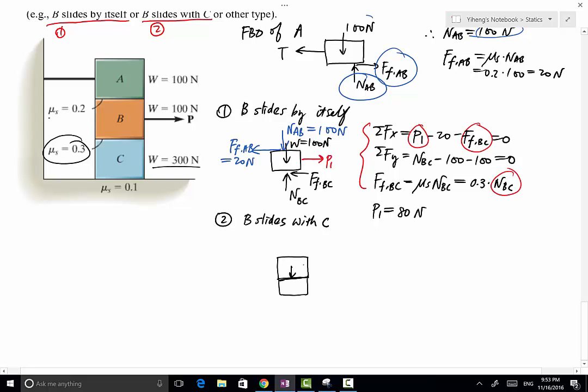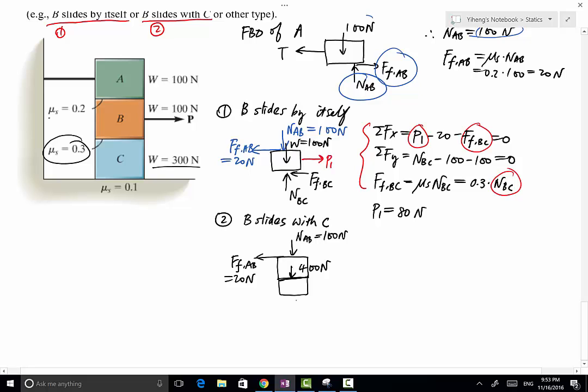So the total weight is now 400 Newton. And then at this surface, this is the surface between A and B, we still have our NAB of 100 Newton. We still have our FAB of 20 Newton. That is the same as before.